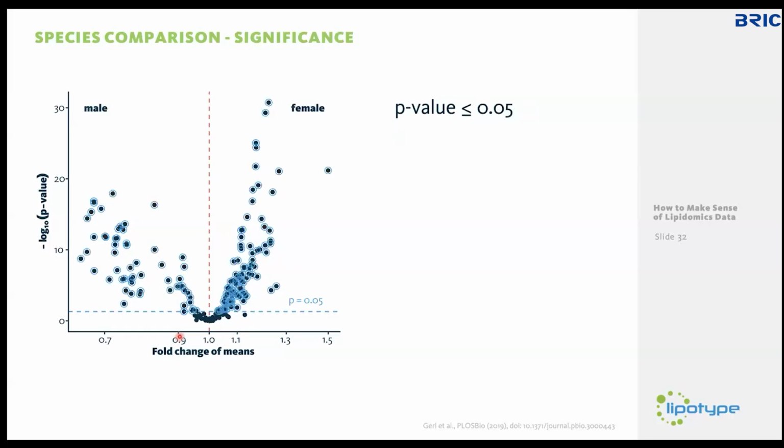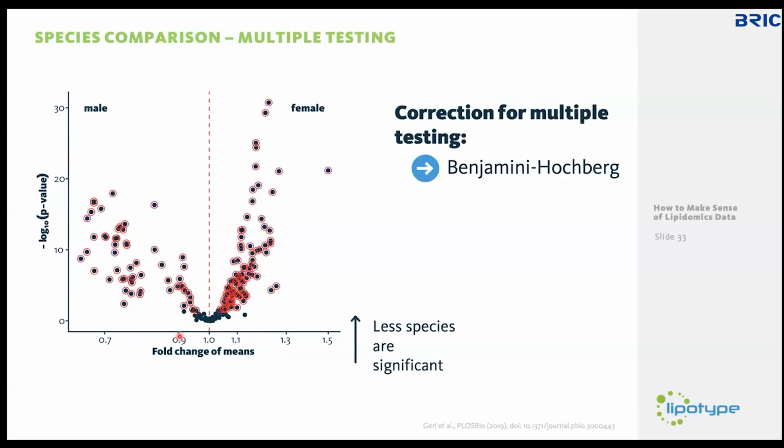What you're interested in is then, are there significant differences? So you apply the p-value and usually you have a cutoff of 5%. These blue circled ones are all the ones that are significant. But one important thing when dealing with omics is that you have to control for multiple testing.